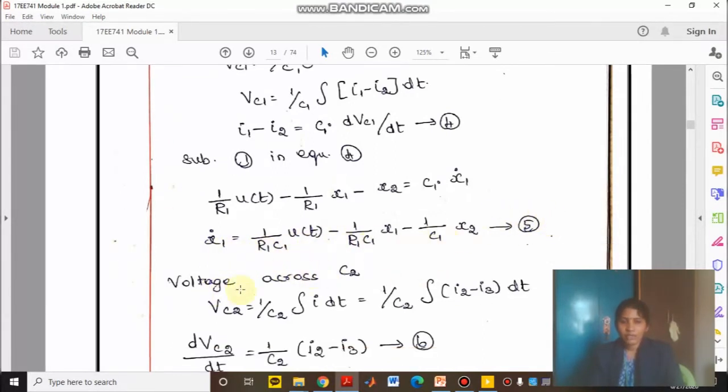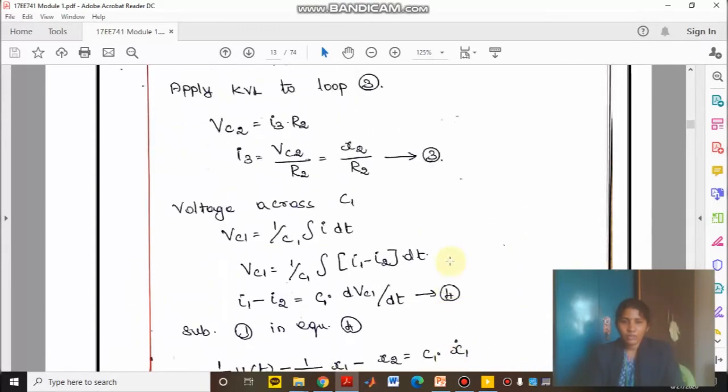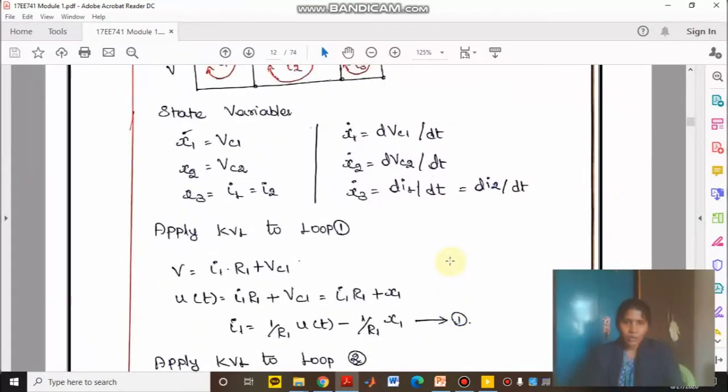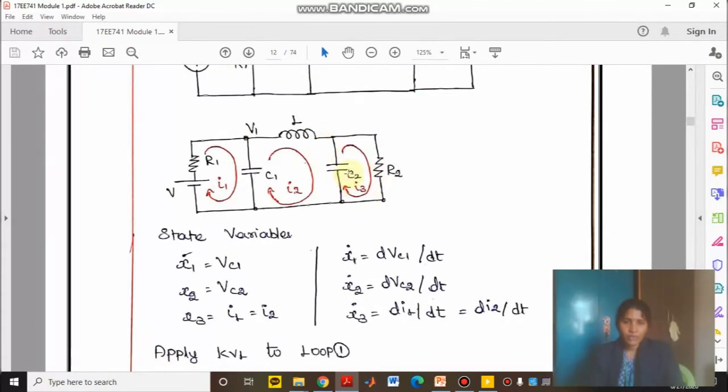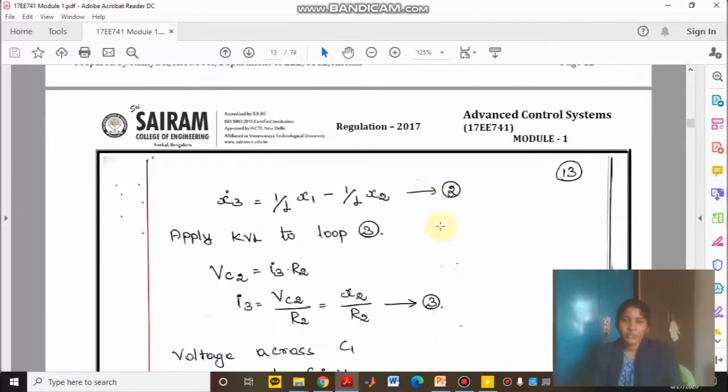Similarly, you can identify the voltage across C2. What is the voltage across C2? Vc2, which is equal to 1 by C2 integration. What is the current flowing through this path? The I2 current is flowing in this direction, whereas the I3 current is opposite to your I2. Therefore, 1 by C2 integration of I2 minus I3 into dt.